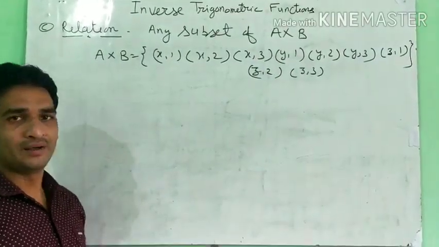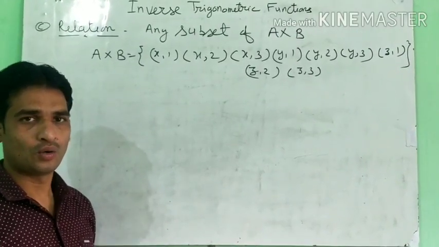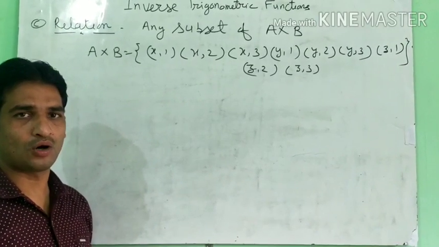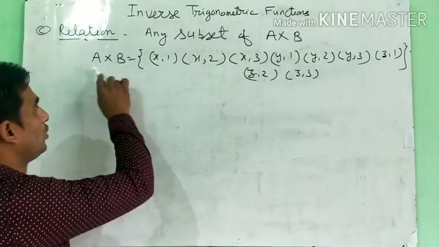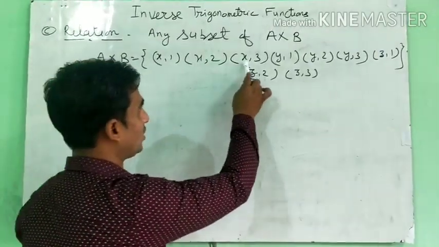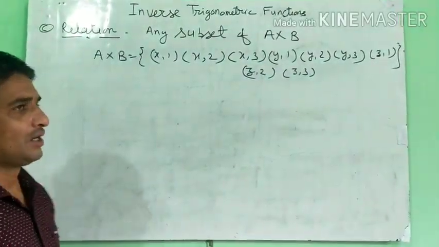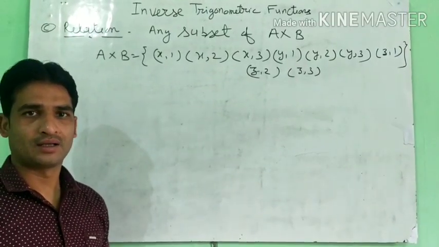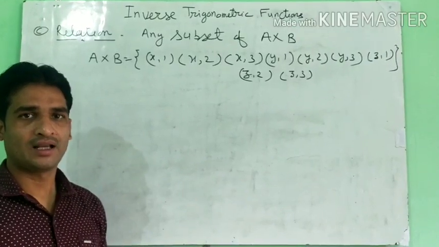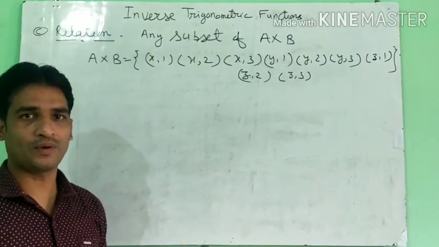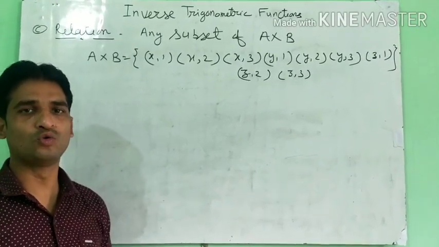In the previous example, I have taken two sets A and B and defined what is Cartesian product of A and B, that is A cross B. So A cross B is (x,1), (x,2), (x,3), (y,1), (y,2), (y,3), (z,1), (z,2), (z,3). You all know what is subset. Suppose A is any set and B is subset of A. It means all the elements of B belong to A.